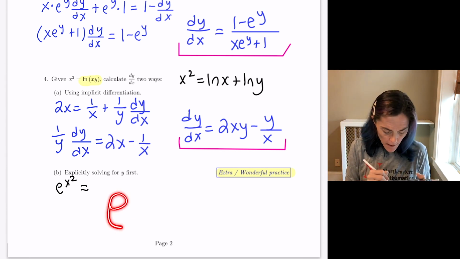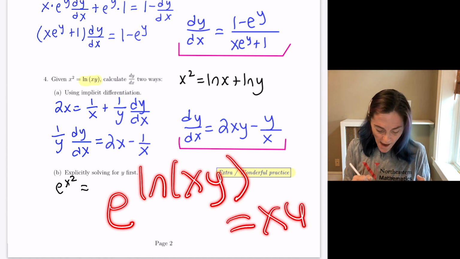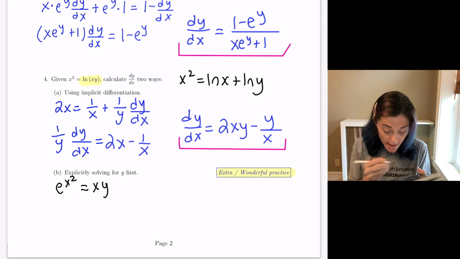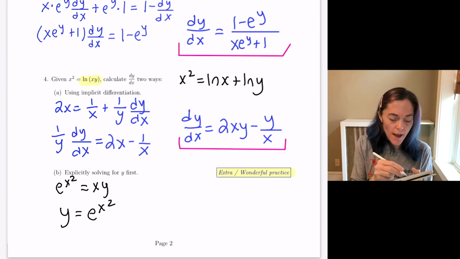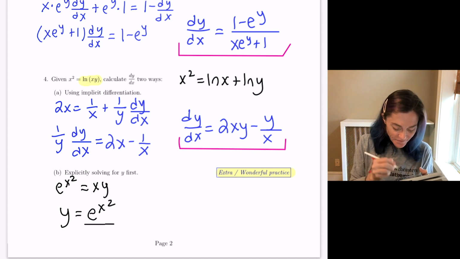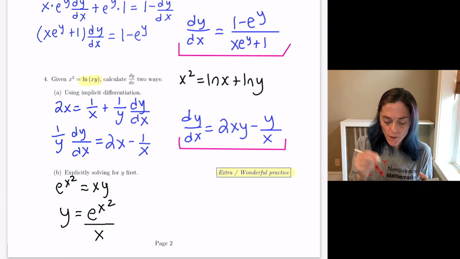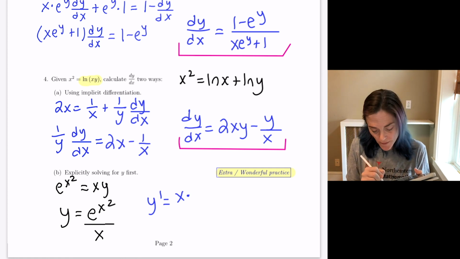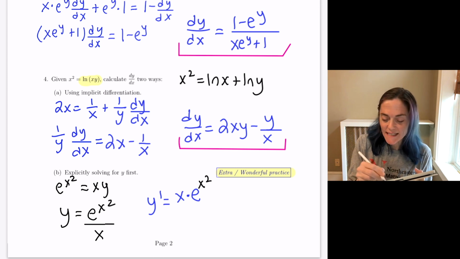This is xy, so that goes here. We can divide by x. We get y is e to the x squared over x. So now you see, this is a nice exercise in rules for derivatives. So to find y prime, or dy/dx, we have denominator times the derivative of the numerator, which is a chain rule.